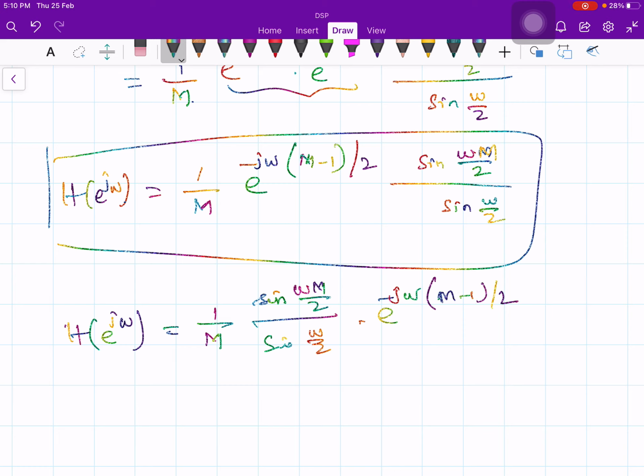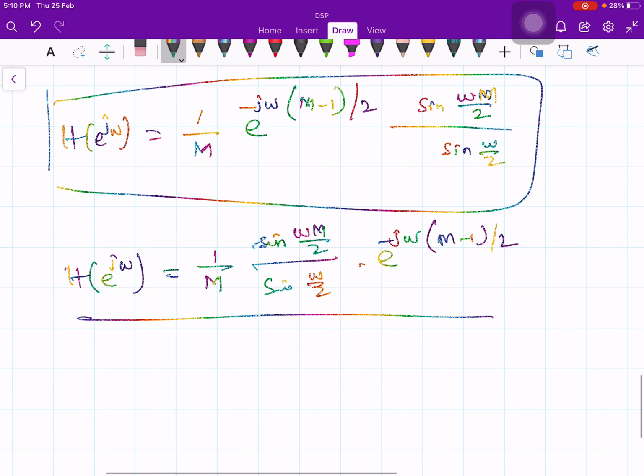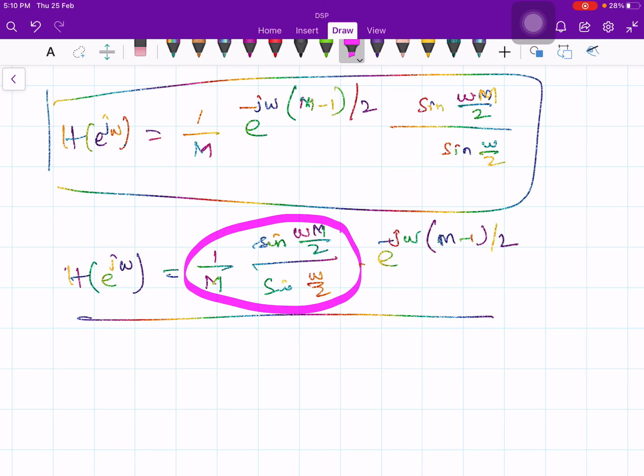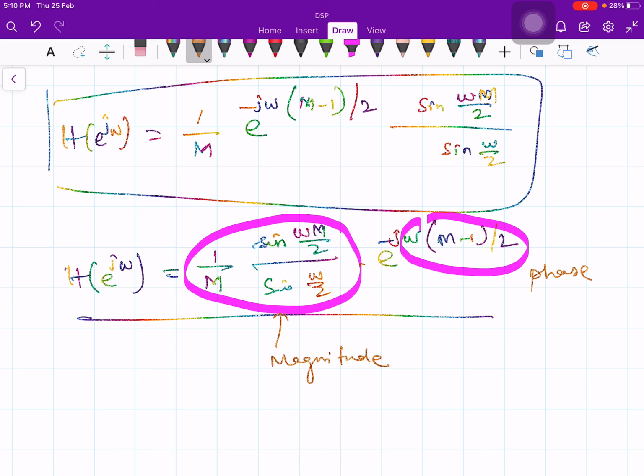Now look at this expression. It is very tempting to identify this as the magnitude and this as the phase, isn't it? But that is not correct. If you say this is magnitude and this is phase, then that is not correct. I will tell you why it is not correct.